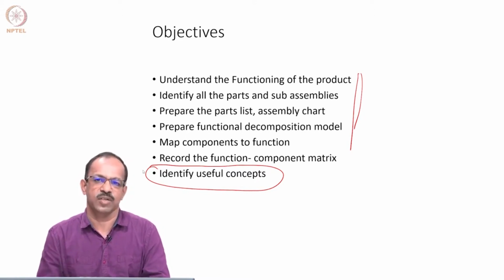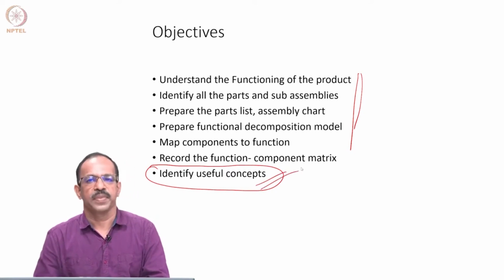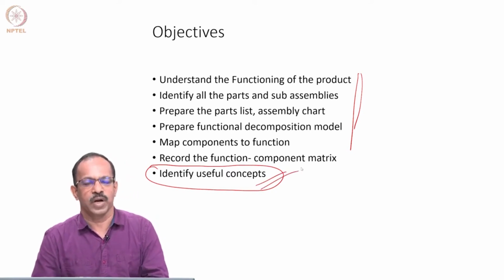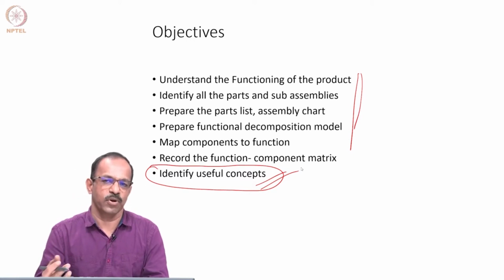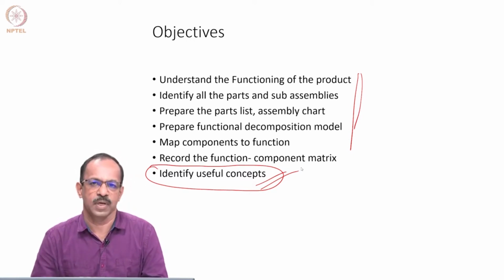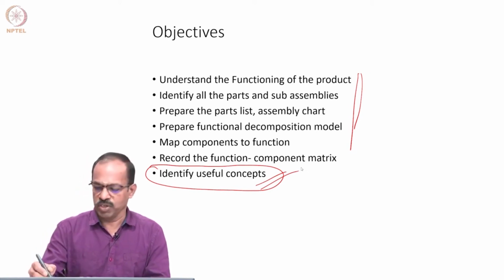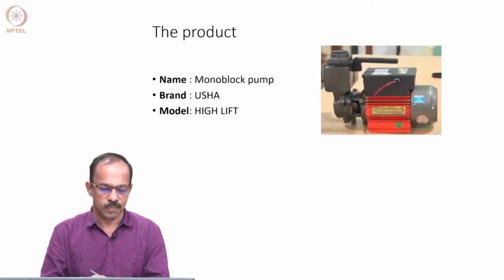So what is that alternate concept that you can employ? That also can be discussed in the reports. So identify the useful concept that he has employed in this particular product, and then see what kind of variations are possible in order to develop a similar product. That is also an objective of this exercise.